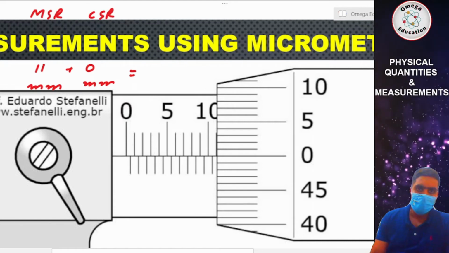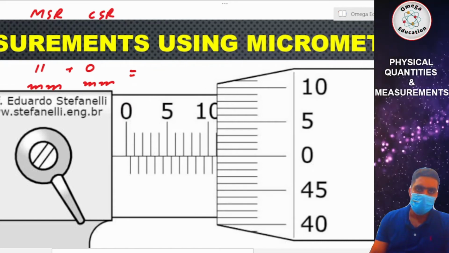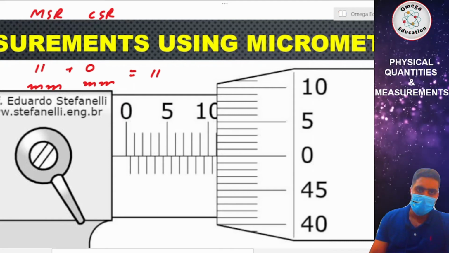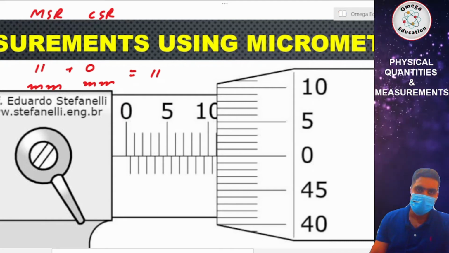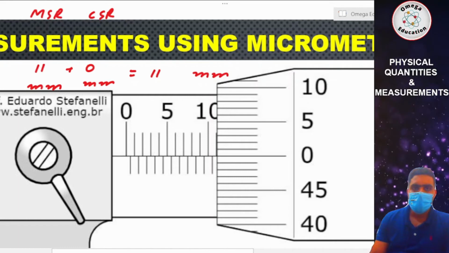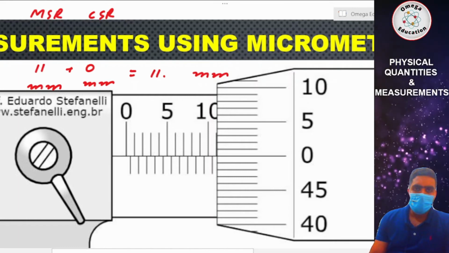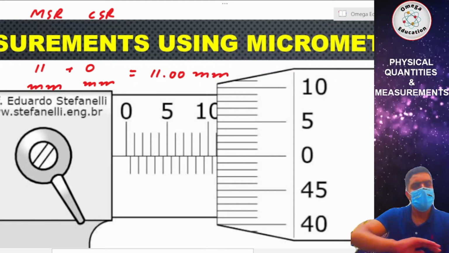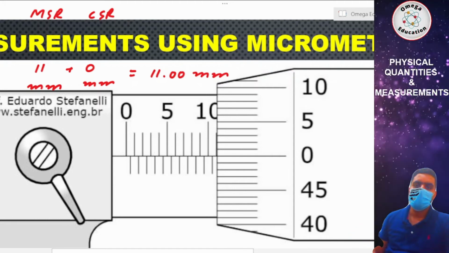You add these two, you get 11 millimeters. All right, but the better way is to write it as 11.00 millimeters. But at your level, even 11 millimeters would be considered okay.